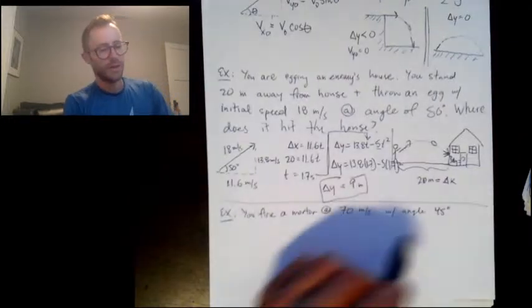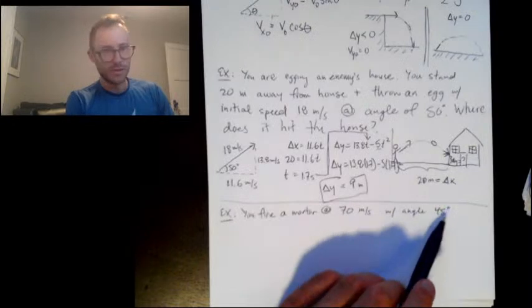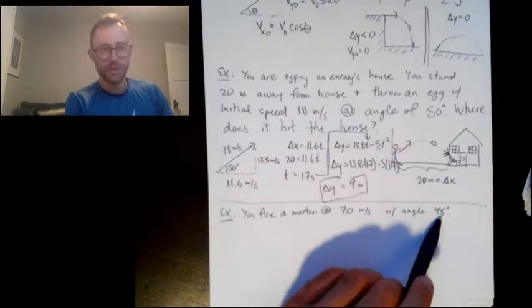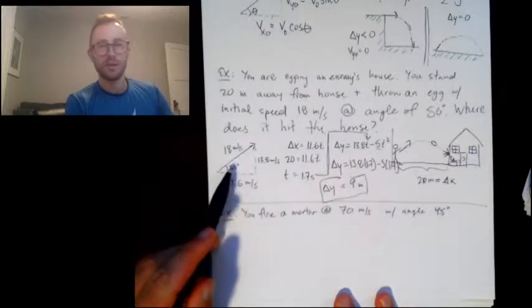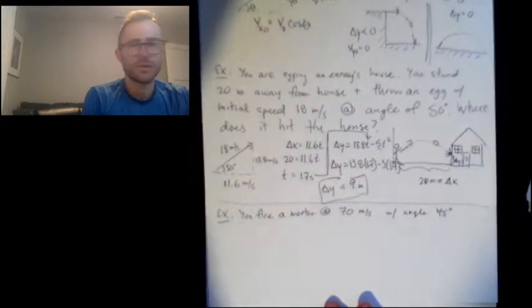While I'm writing this problem down, if you know the answer, type it into the live chat. What is significant about 45 degrees in terms of the initial velocity triangle? Okay. I don't know why this isn't focusing very well today.